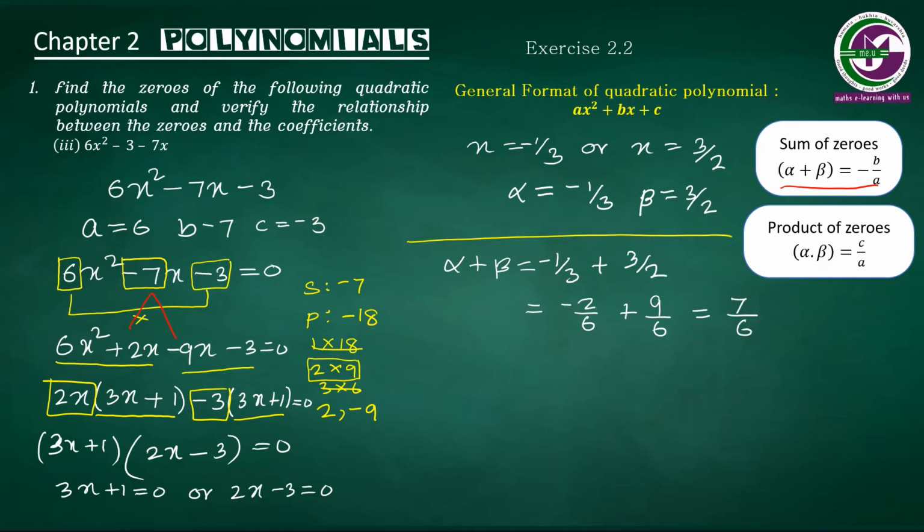Now we'll check what is minus b by a. Minus b by a is negative of b. The b value is negative 7, divided by a, which is 6. So negative of negative is plus, so it is 7 by 6. That means alpha plus beta equals minus b by a, verified.